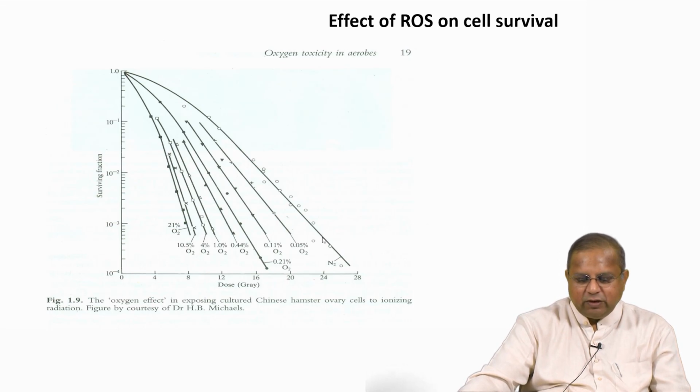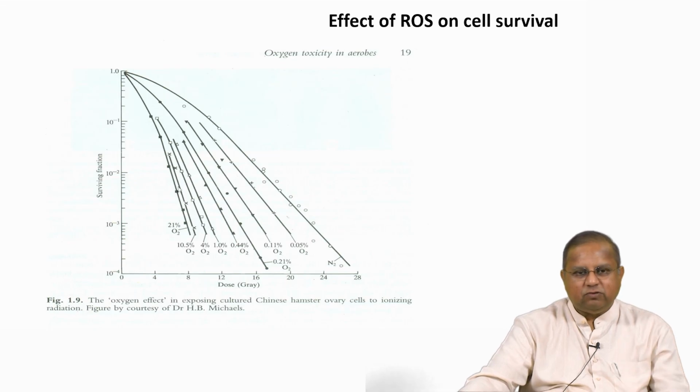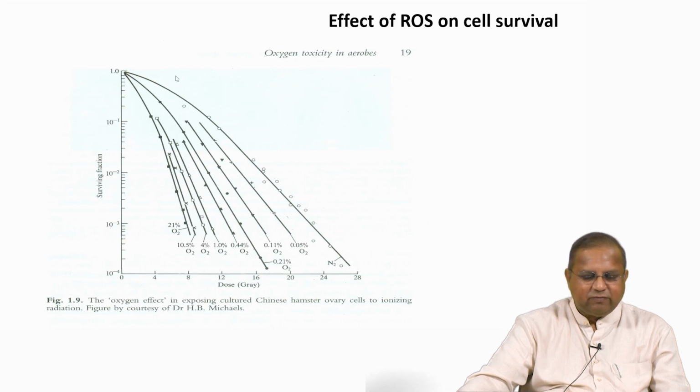When it is grown in nitrogen, in this case there is no oxygen at all. I guess they took care of the growth and so on and so forth. These experiments were done after that. So as they increase the dosage of radiation, of course the surviving fraction came down, but that is the highest. Even at 0.05% oxygen, there is a drop in the surviving fraction.